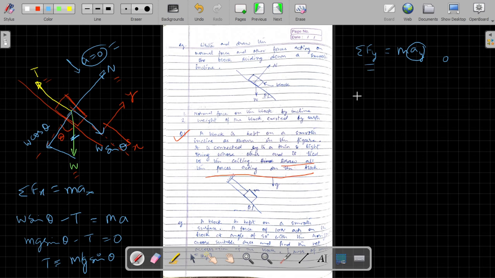So all the forces in y direction: the normal force is acting along the positive direction of y-axis, minus the weight cos theta, which is acting along the negative direction of y-axis. Acceleration along y-axis is 0. So N is equal to mg cos theta.